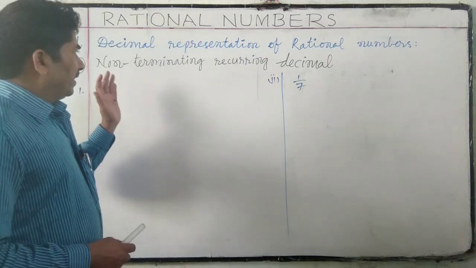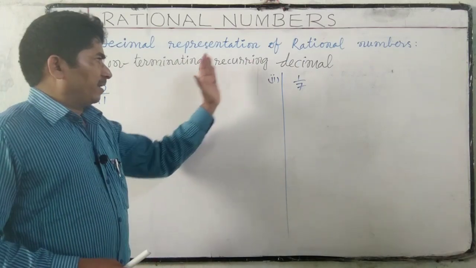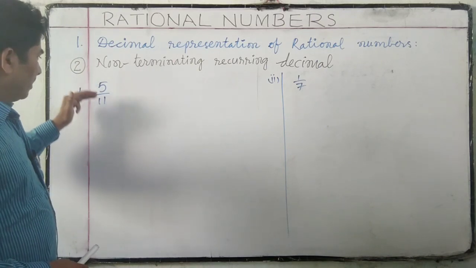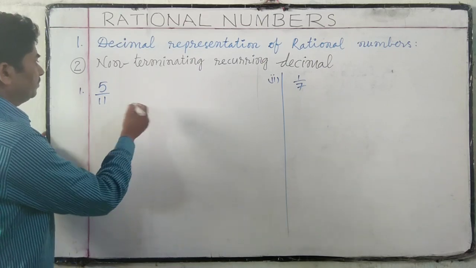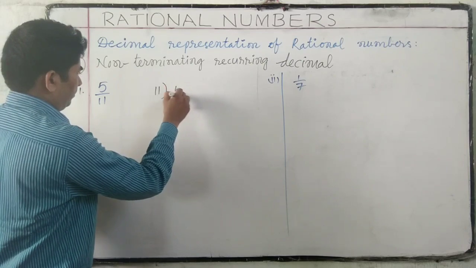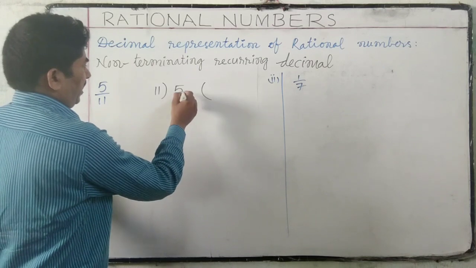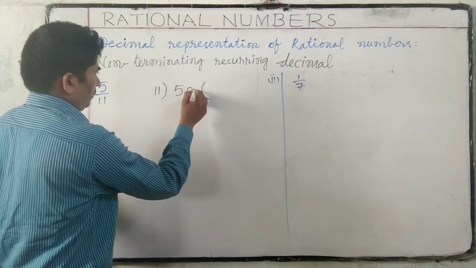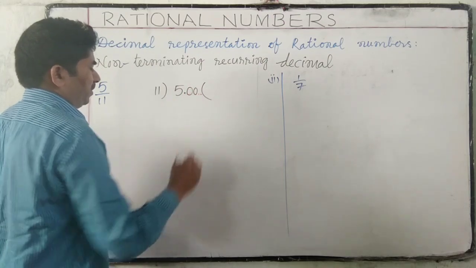To convert a rational number into a non-terminating recurring decimal, we have to divide the numerator by the denominator. Five is not divisible by 11. That's why keep a decimal point and zeros, as many zeros as we need.